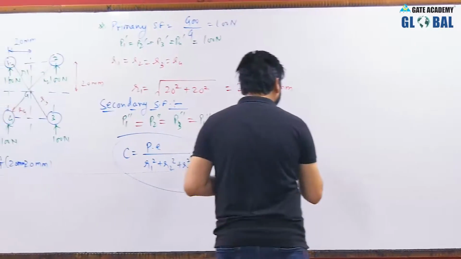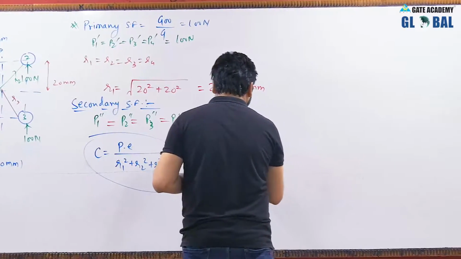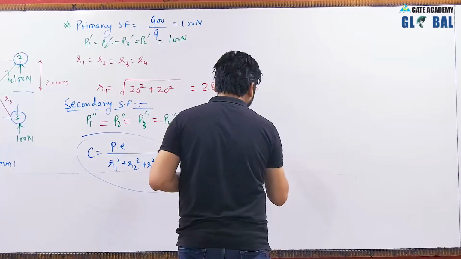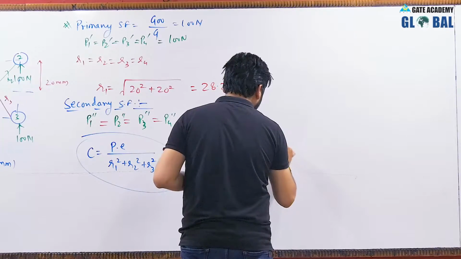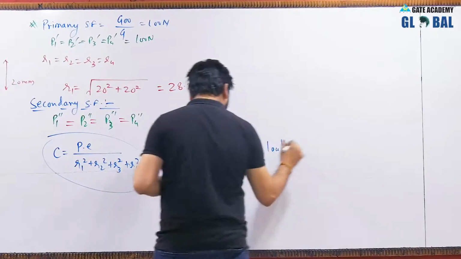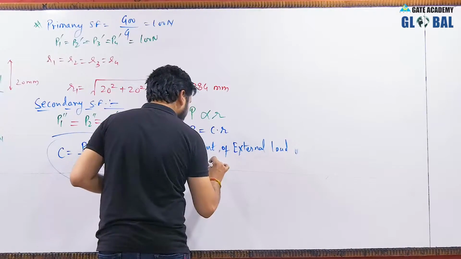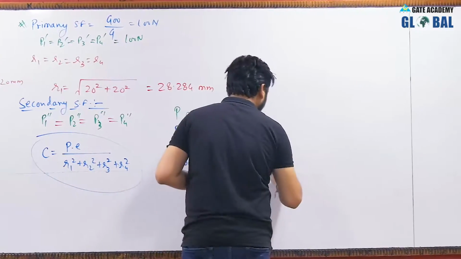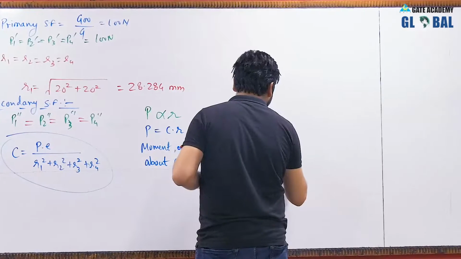What will be the value of C? Just by using the concept that the moment of the external load about the centroid will be equal to the resisting moment.